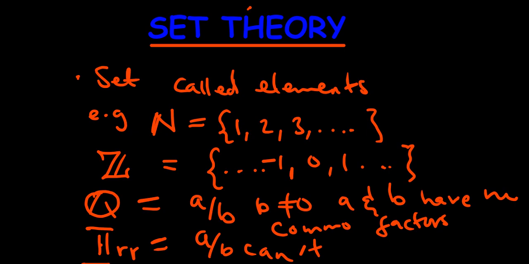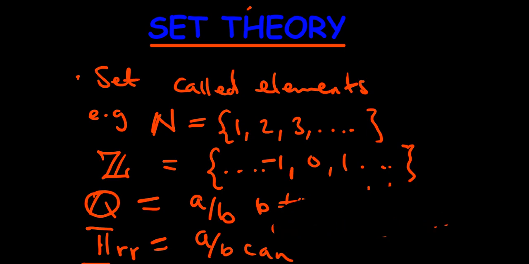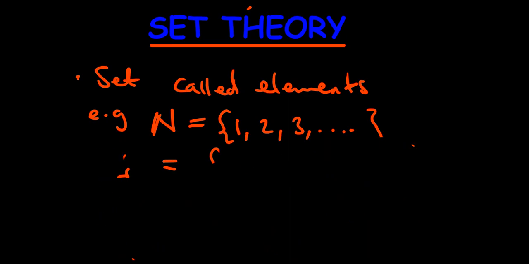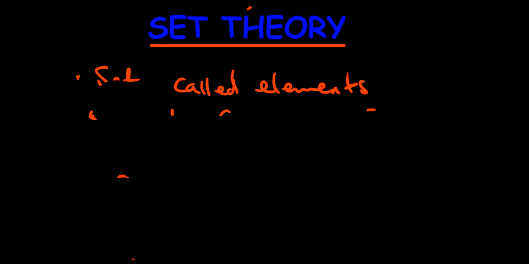So these are just basic sets of numbers. Then we have other numbers, like the set of algebraic numbers. Maybe these are new to you.